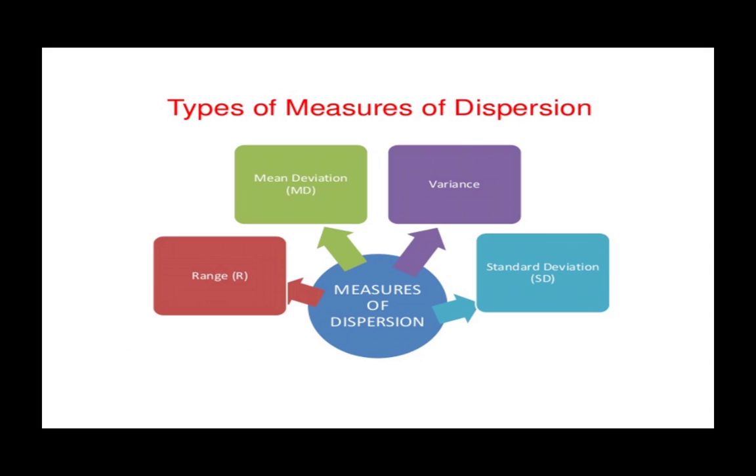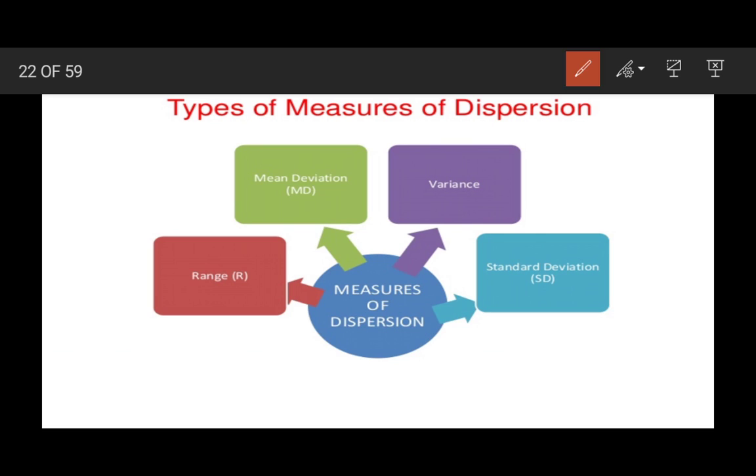Now let us see the types of absolute measures. There are four types of absolute measures of dispersion. In your syllabus you are going to learn absolute measures. First you are going to learn range.